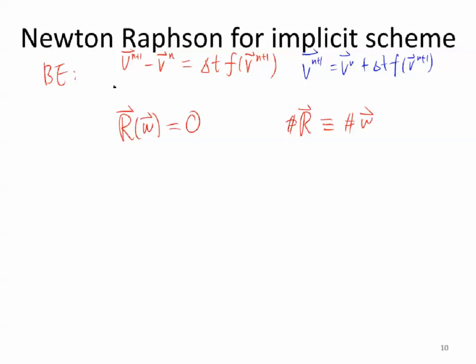So here is where I have to use Newton-Raphson. Here we realize that we can define R of W as W minus delta t times f of W. If we define the nonlinear residual function like this, and use some method, for example Newton-Raphson, to find the W that makes R of W equal to 0, then that W is our v n plus 1.